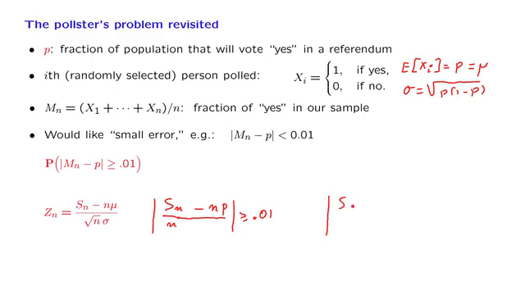Let's take this same event, but multiply both sides of the inequality by square root of n. This causes this denominator term to become just square root of n, and we get a square root of n term in the numerator on the other side.